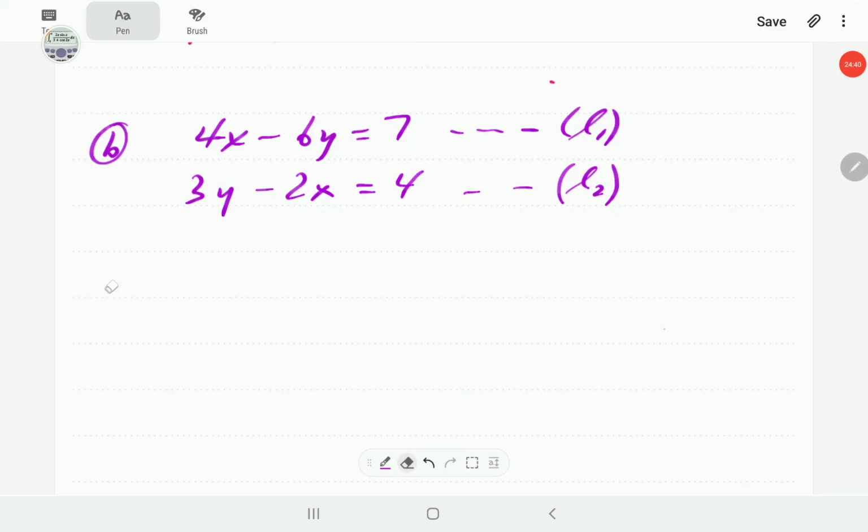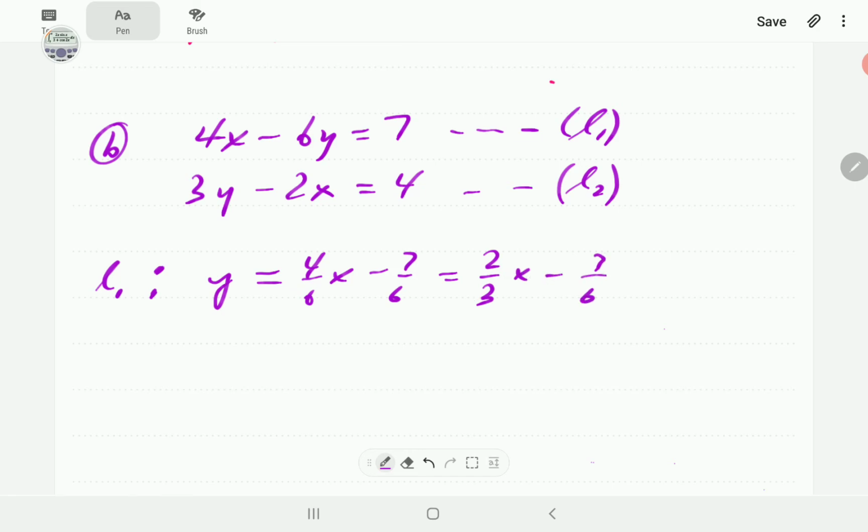Okay, so for L1, y is going to be equal to 4/6 x minus 7/6. 4/6 is 2/3, minus 7 over 6.